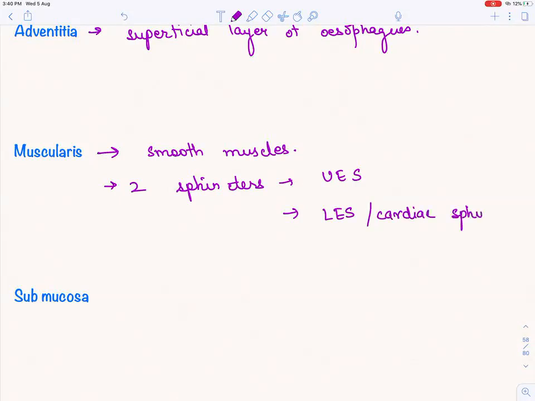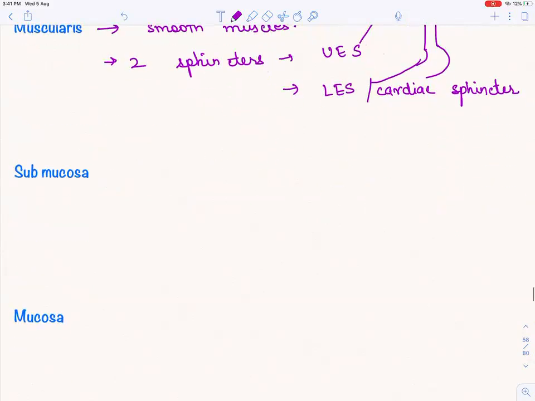These sphincters are like valves. So if this is the esophagus, this is the upper esophageal sphincter, and the lower is where the stomach is getting started. Submucosa consists of areolar connective tissue. I'm just telling you about esophagus.